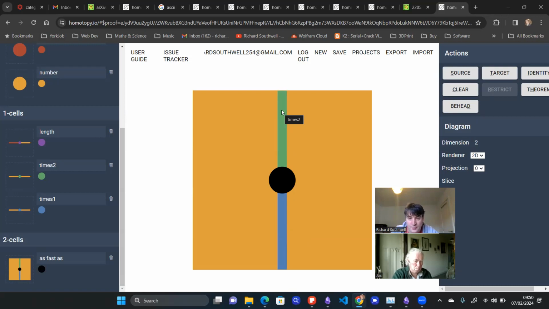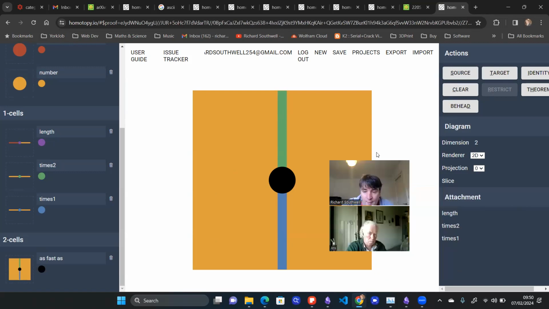And just to complete the picture here, what I'm going to do is click on the left-hand side of this, and then Homotopy IO asks me if I want to make an attachment. Sorry, I was dreaming in the picture.